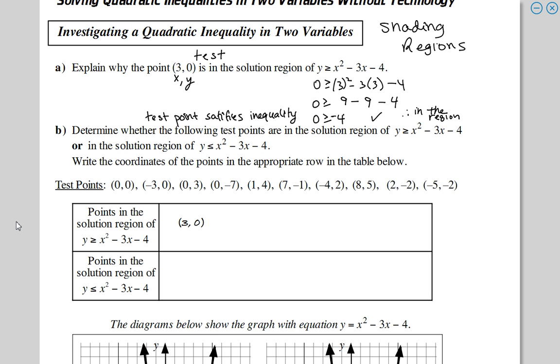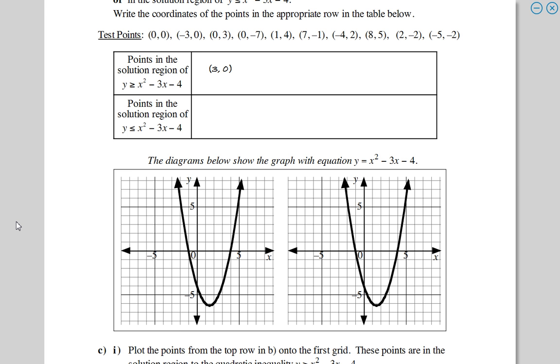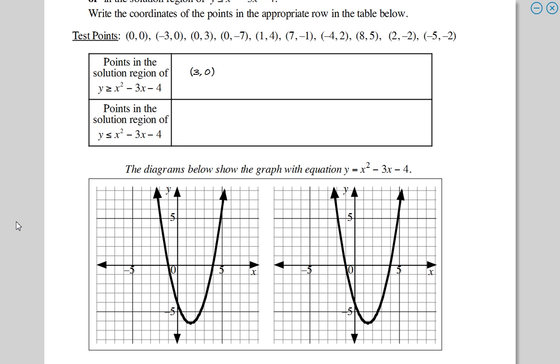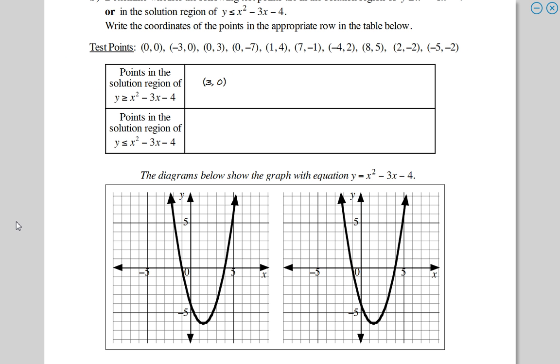They're just giving us a bunch of test points. Why don't we just test a couple? Let's take a look at this one and just pick one at random: 2 comma negative 2. Let's plot that on the first graph. Where would that be?